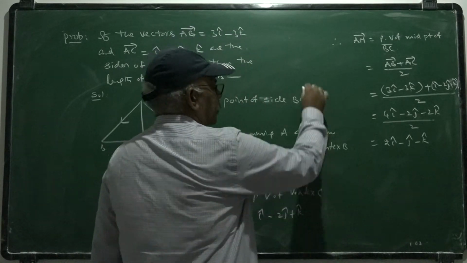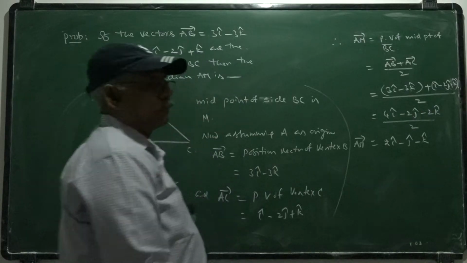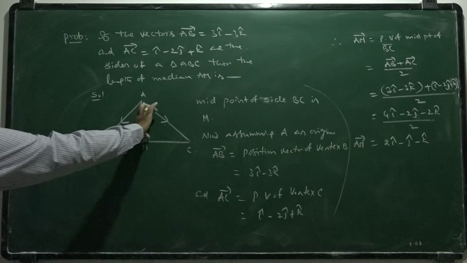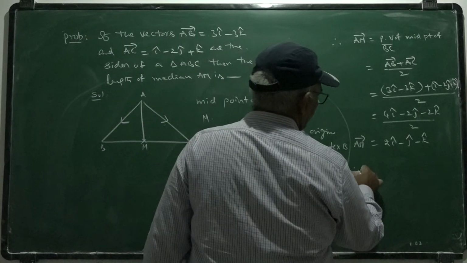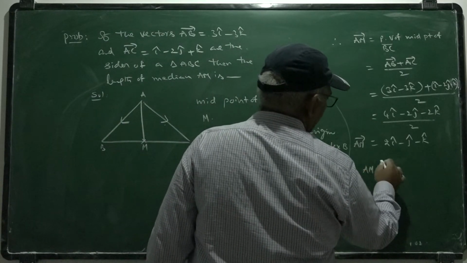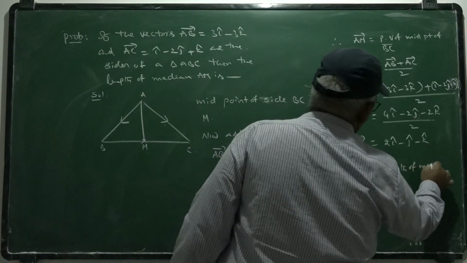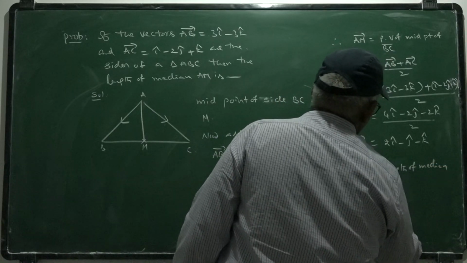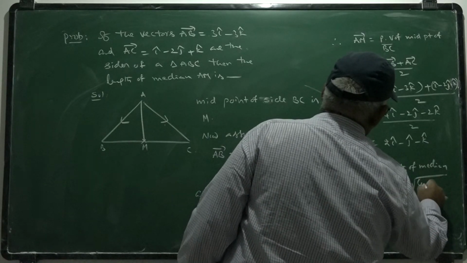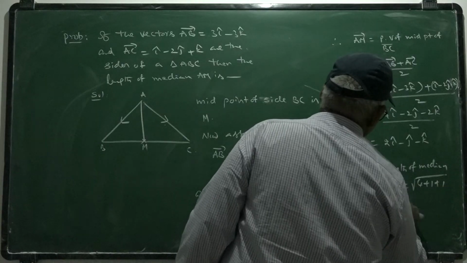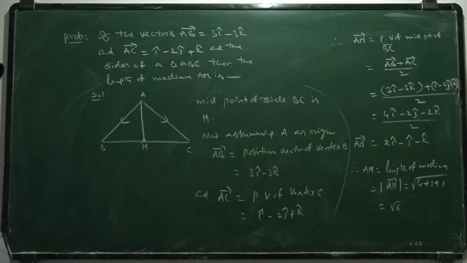This is AM bar. The length of this vector is AM itself, the magnitude of that vector. So AM, the length of the median, is the magnitude of that vector, that is square root of 4 plus 1 plus 1, that is root 6. The length of the median here is root 6.